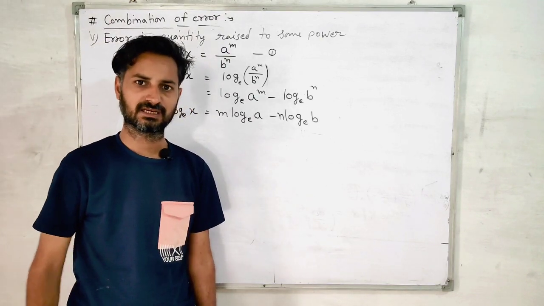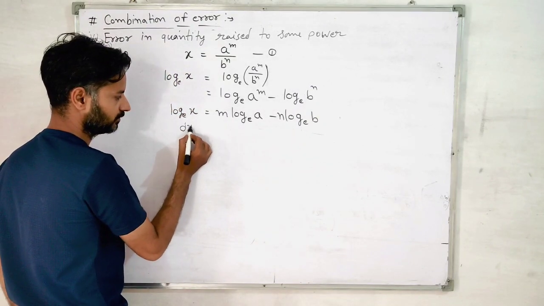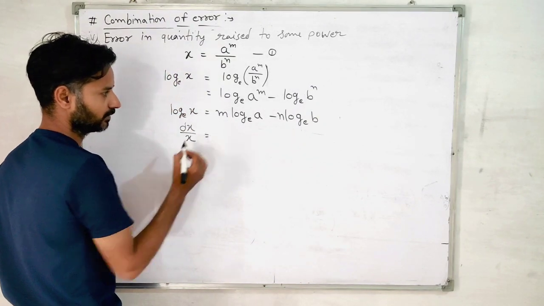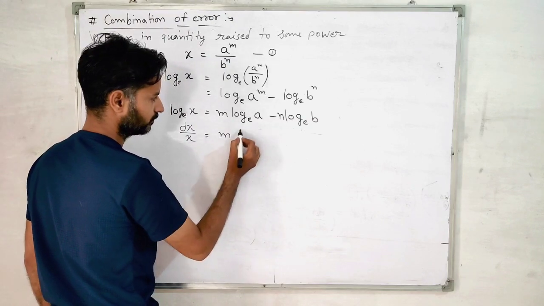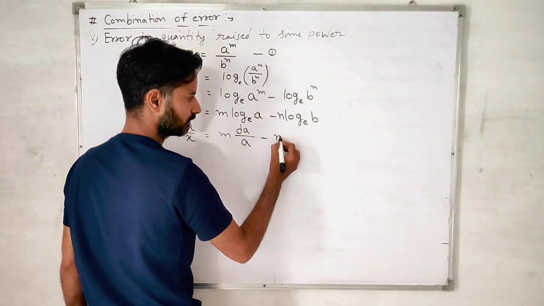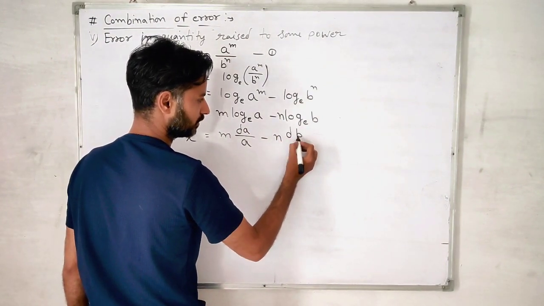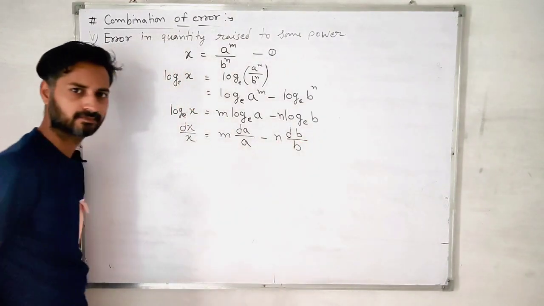Now differentiate this equation and we get dx divided by x equal to m da divided by a minus n db divided by b.